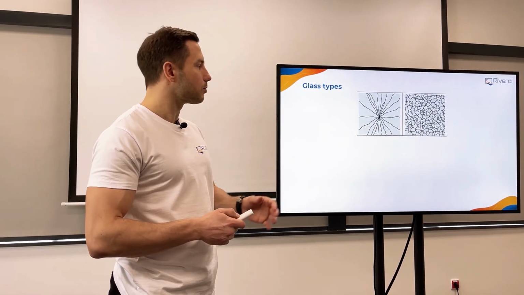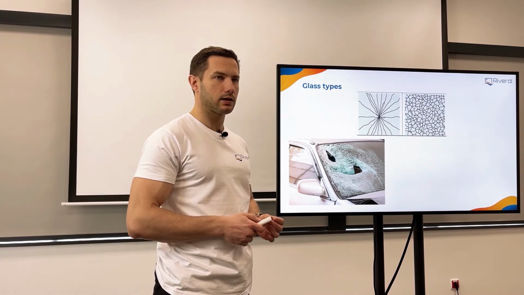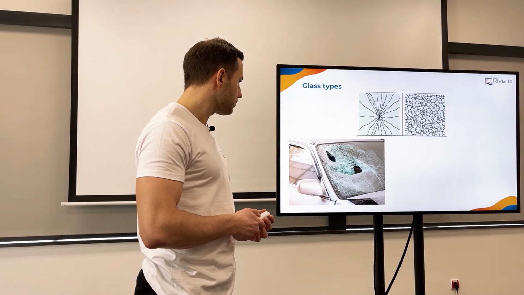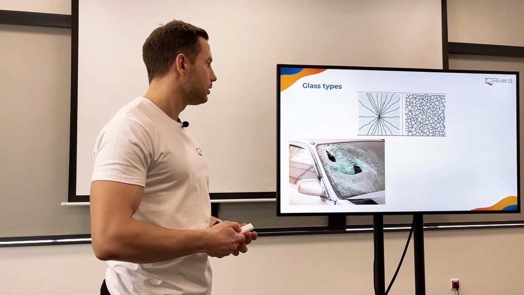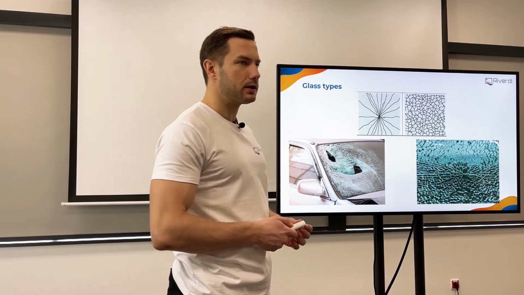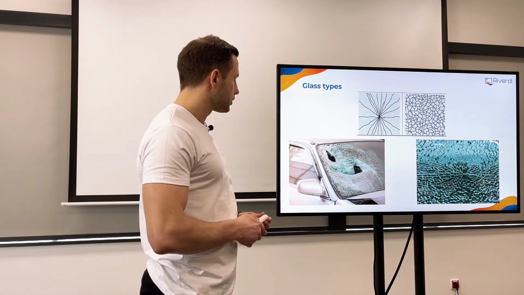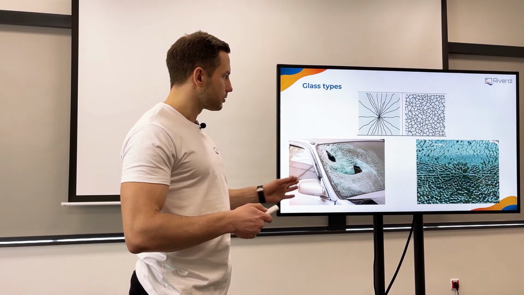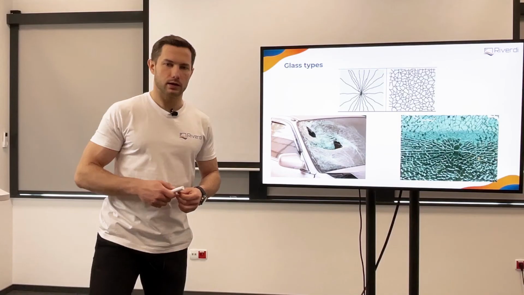That's why we normally use thermally tempered glass in a car or any place where we may have impact on humans. Here we have additionally laminated glass, so that's why it won't break. I will talk about it later as well. So here you have the differences in how it breaks.